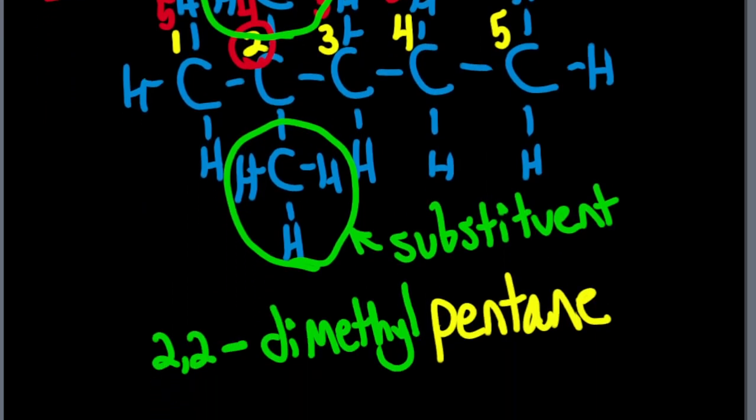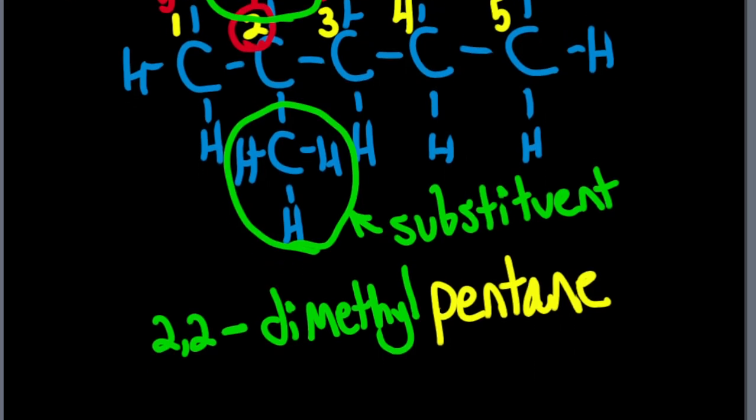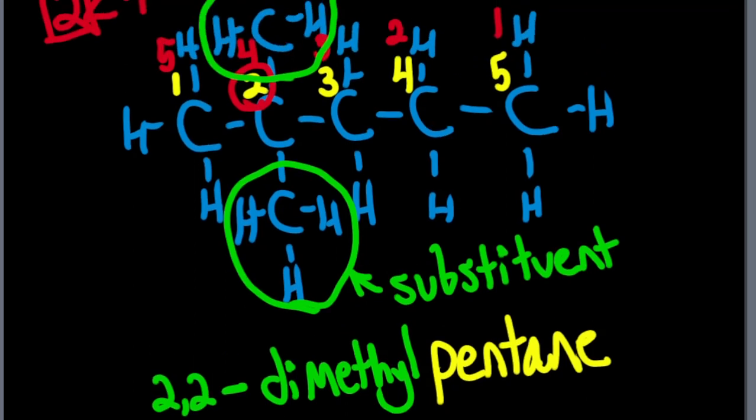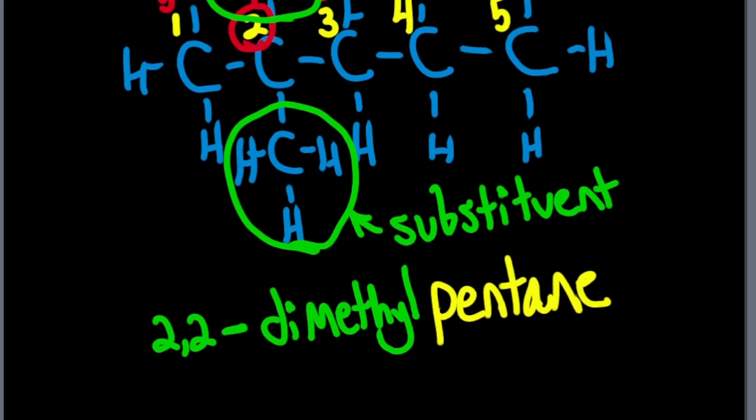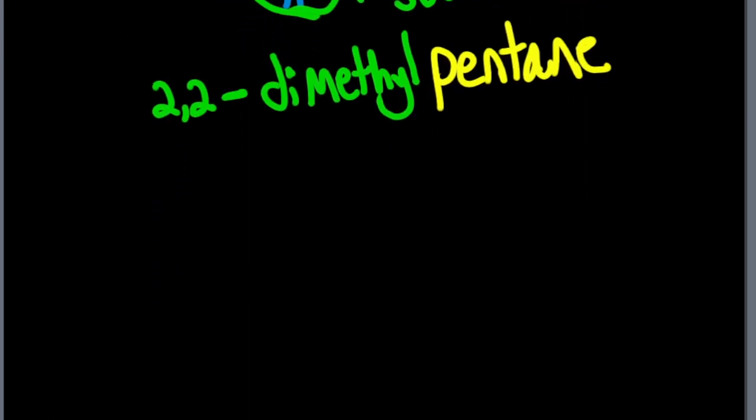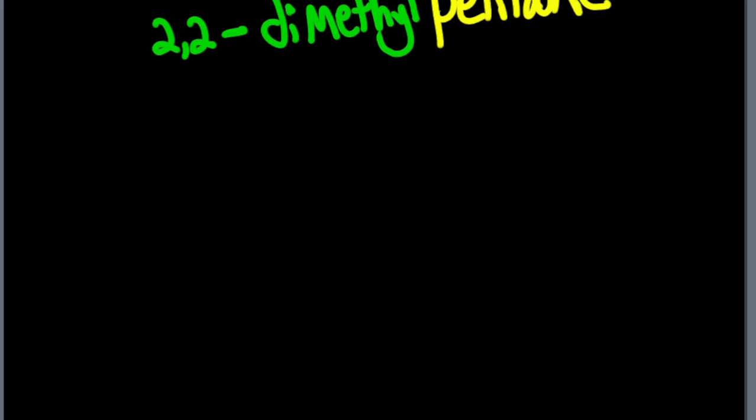C7H16, 2,2-dimethylpentane. All right, there's not really an easy common name to name this, like isoheptane or anything like that. It's easiest just to do 2,2-dimethylpentane. That was one of the reasons IUPAC adopted this naming scheme. Okay, let's go on to another one.